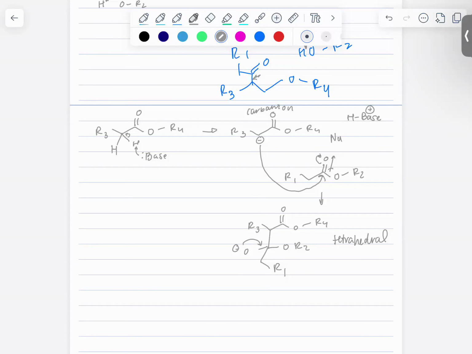So they'll collapse, and we have to kick something off. If we go up, we'd get back to where we were. But we can kick off this remaining group.